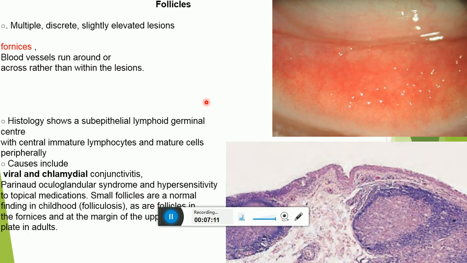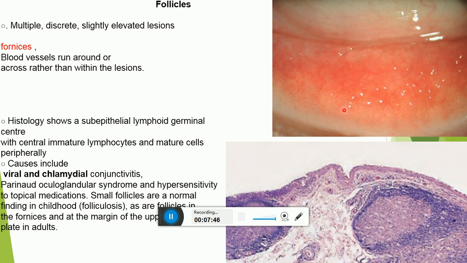Another important reaction is follicles. The follicles are multiple, discrete, slightly elevated lesions. They look like translucent grains of rice. They are prominent in the fornix. The important point is that blood vessels run around the lesions.